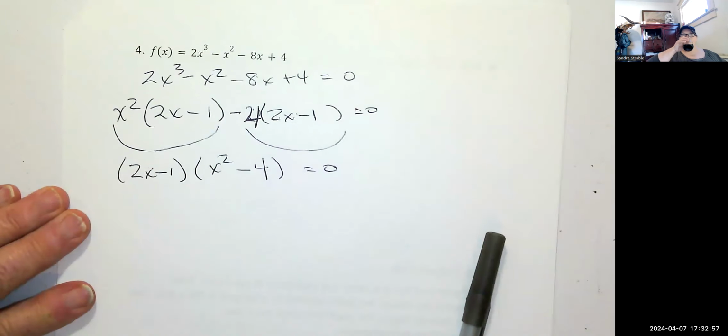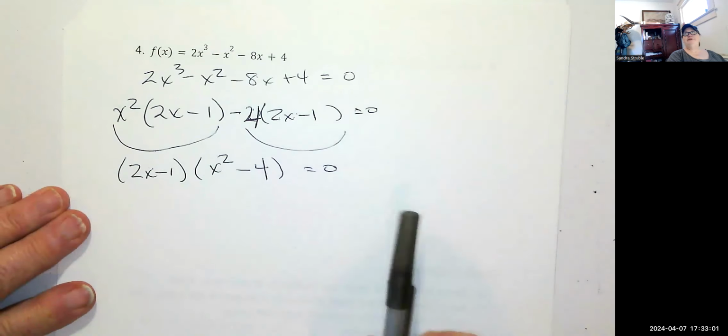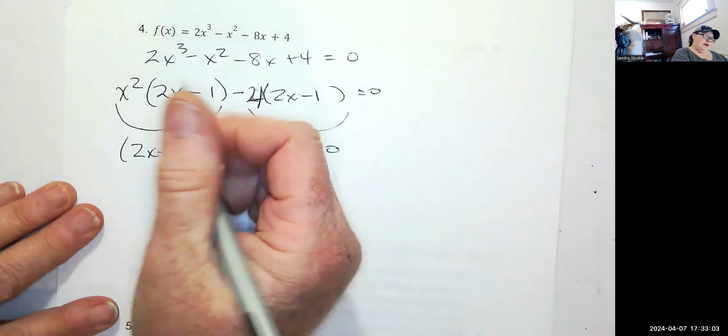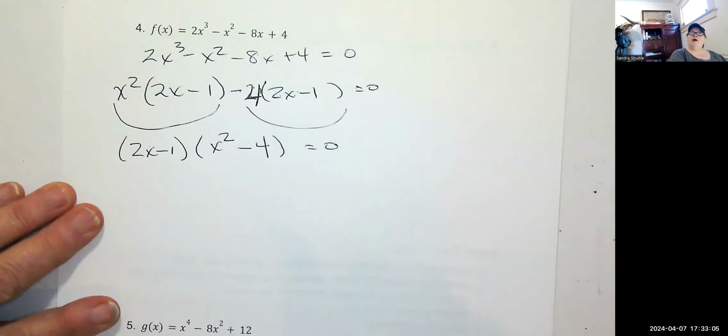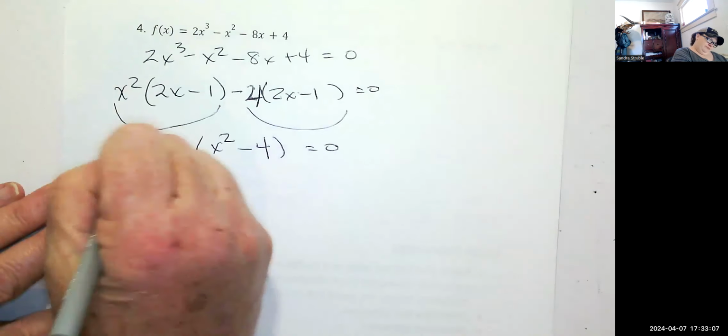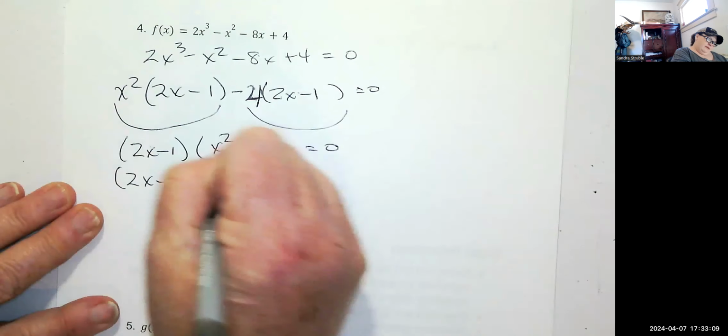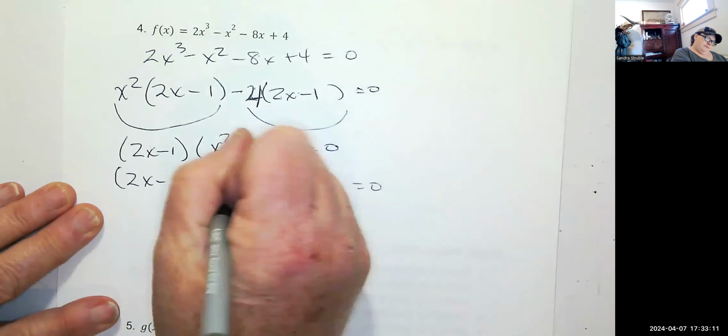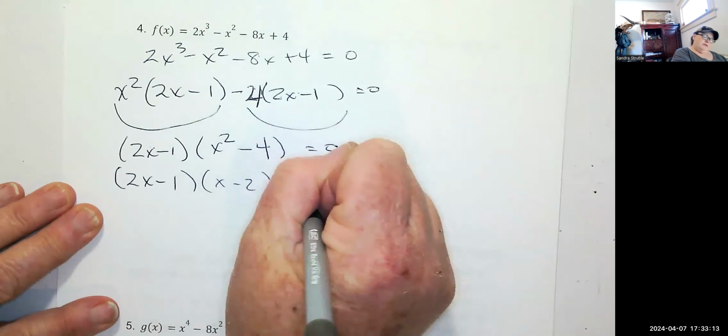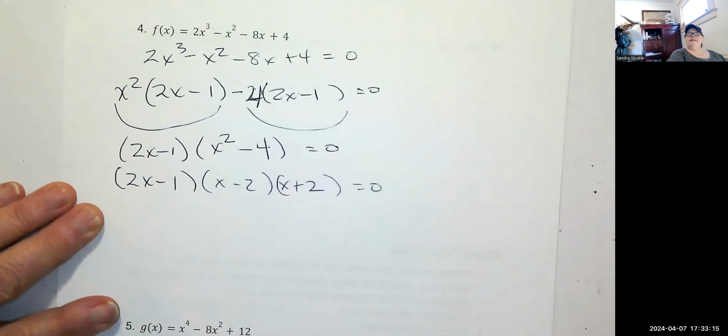A couple different things we can do here. I can set these both equal to 0 now, or I can keep factoring this one, because it's the difference of 2 squares. Now I set them all equal to 0.